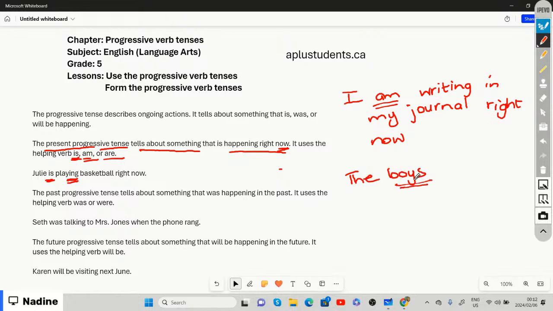Because boys is plural, it refers to more than one boy. And we can say the boys are playing football right now.